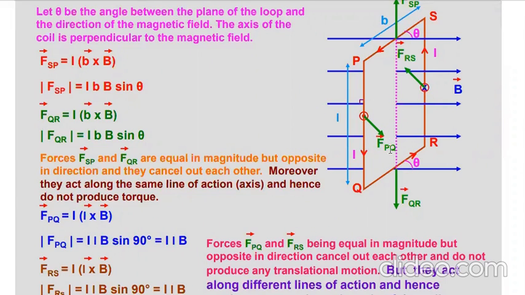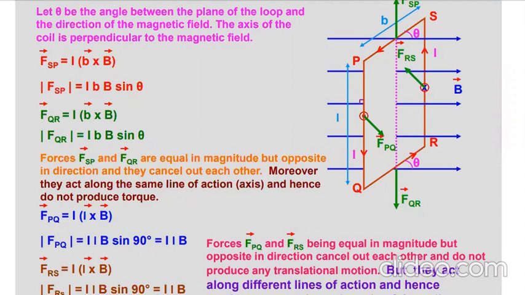So these two forces F_PQ and F_RS form a couple of forces. Whenever a couple of forces acts on anything, it produces a turning effect. That's why this coil tends to rotate in the anti-clockwise sense.